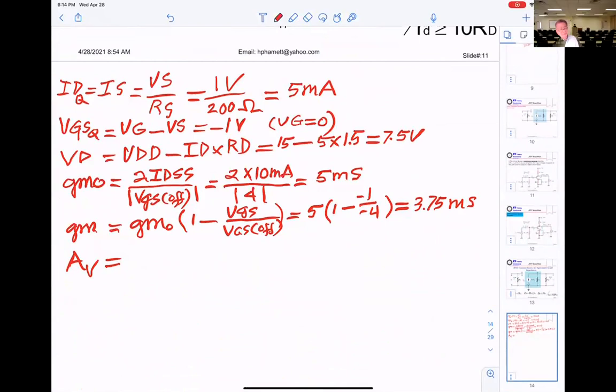AV will be using the load only, not R small d. We don't want to play with that. So they will be equal minus GM times R big D parallel R load. Just tell me what you get.